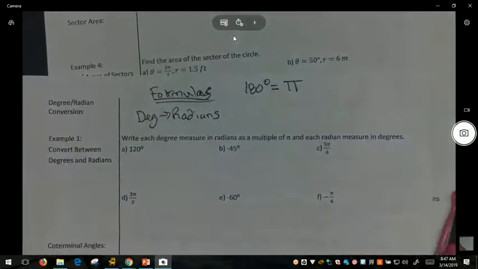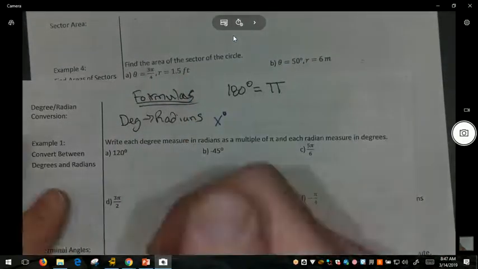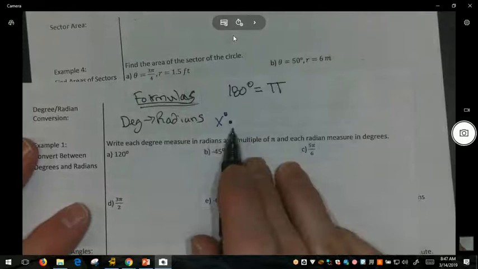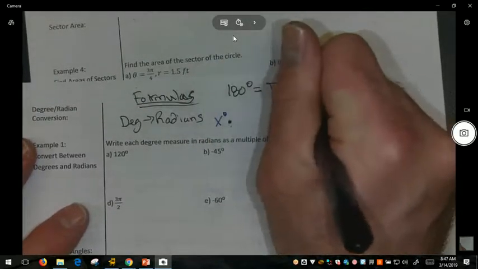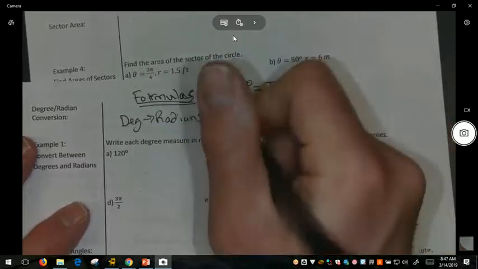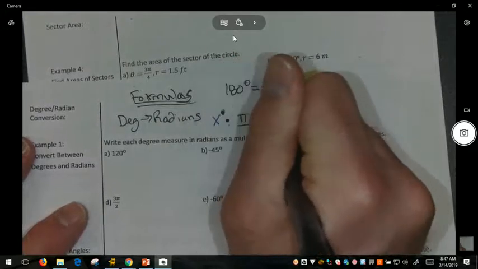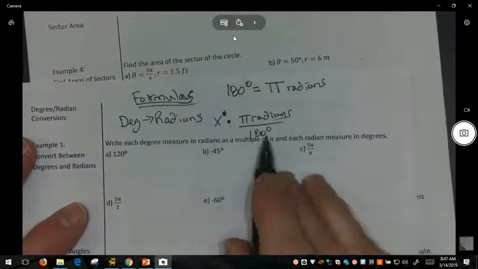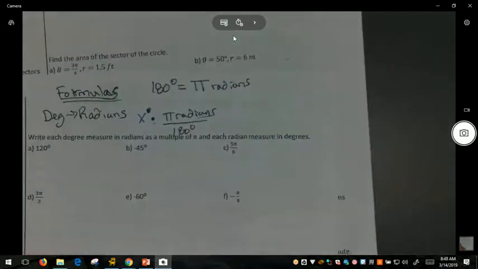So if I'm starting with an angle in degrees, so I have x degrees, to convert that, I'm going to have to divide by degrees and multiply by radians. Oh, by the way, that's pi radians. So I will have to take my x degrees and multiply by pi radians divided by 180 degrees. Then my degrees will cancel out and I will have my answer in radians.